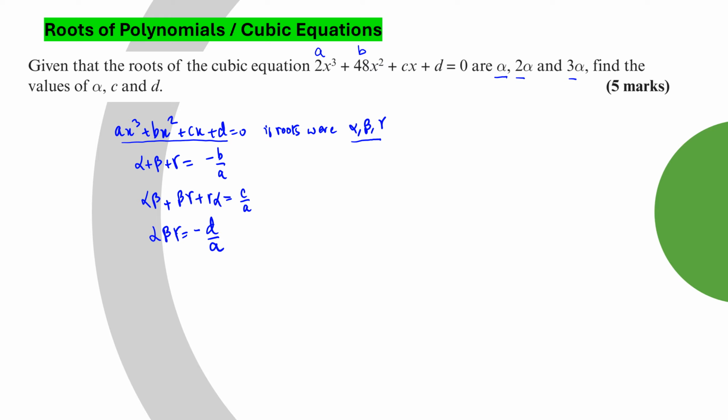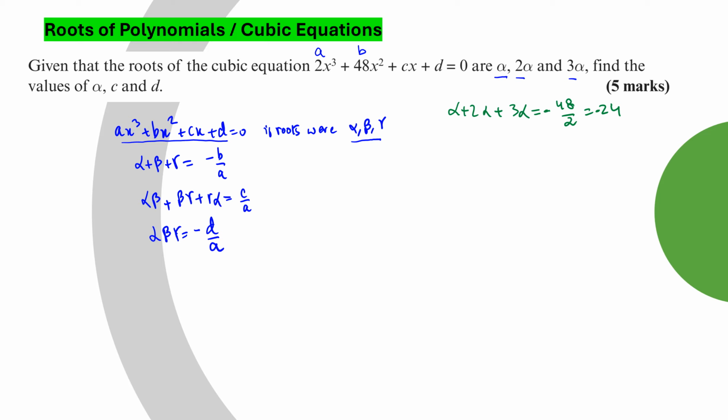So alpha plus 2 alpha plus 3 alpha is equal to minus b over a, so it's minus 48 over 2, that is minus 24.